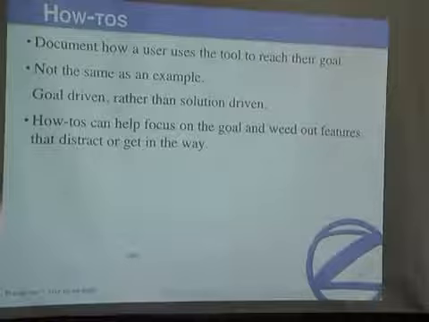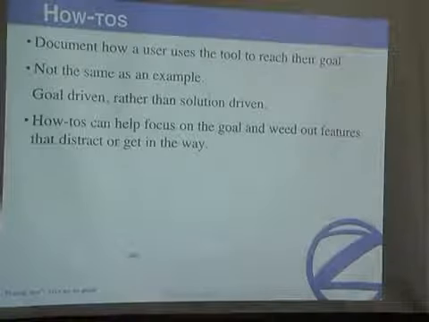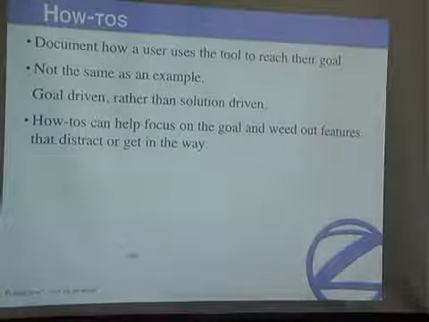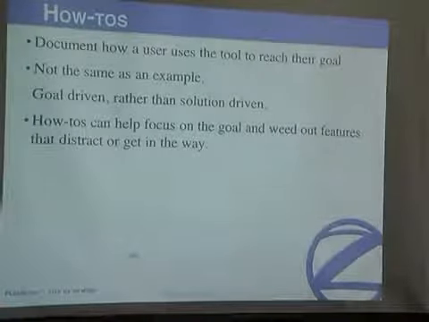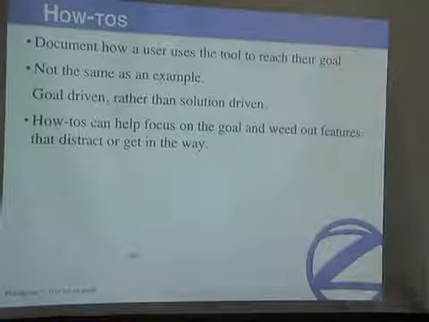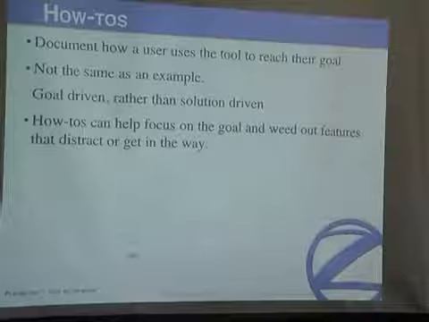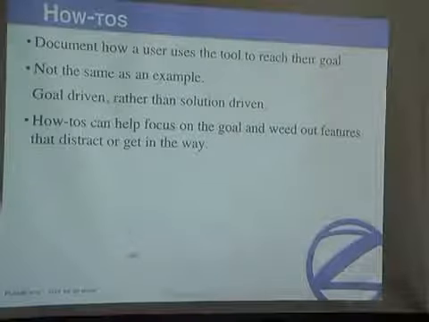Your API has some user, the person who's calling the API, and they have some goal, some problem that they're trying to solve. I find it very instructive to actually write a how-to describing to your audience how they're going to use the software to achieve their goal. I find that when you do that, you see problems that you don't see otherwise. It's kind of like Alan's example of having somebody read the document back to you. A little bit different.